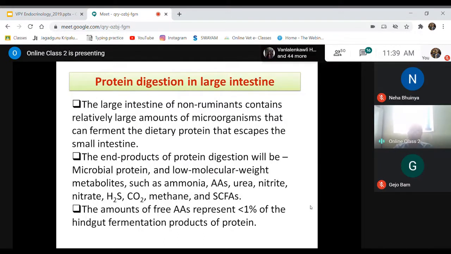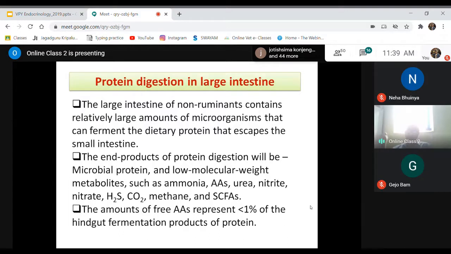But for the animal to get microbial protein or microbial amino acids, the microbes should be digested, and after that, the microbial protein should be digested. But after the cecum, there will be only the colon and rectum. In the colon there will almost not be any secretion of digestive proteolytic enzymes.